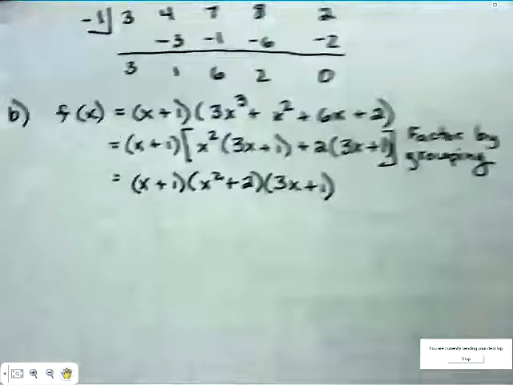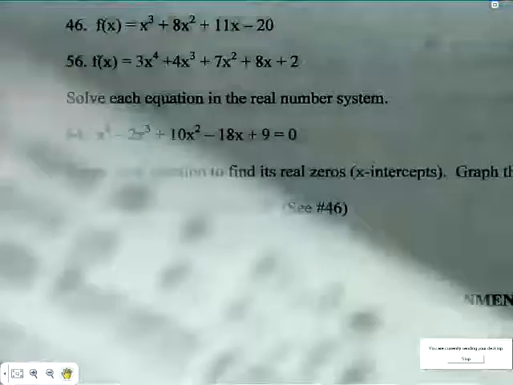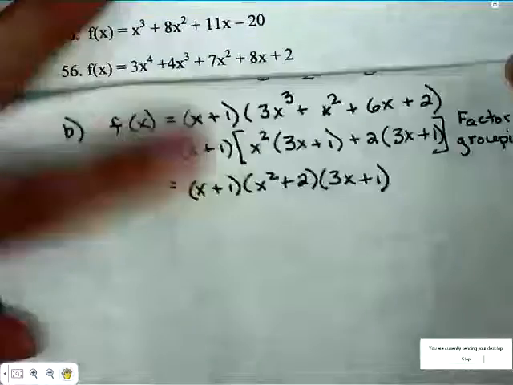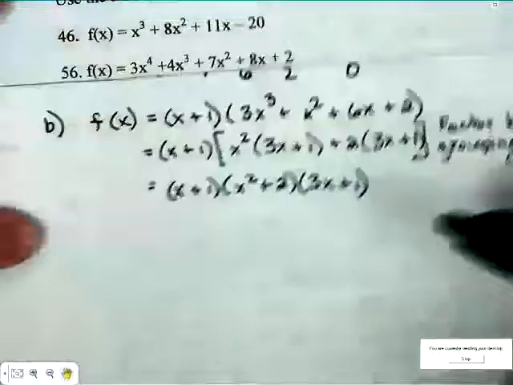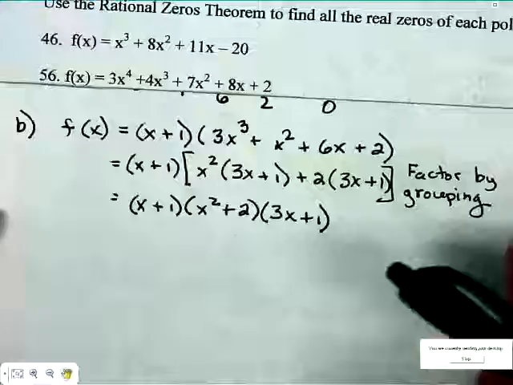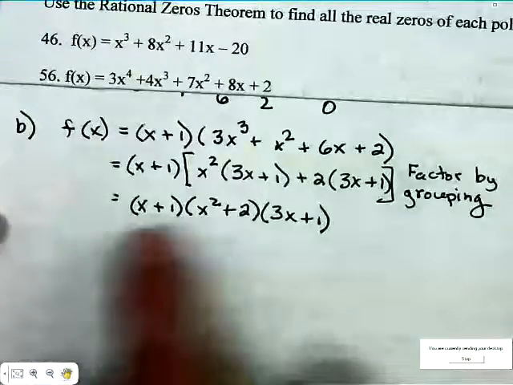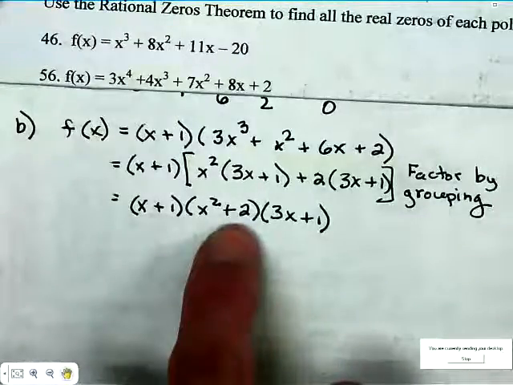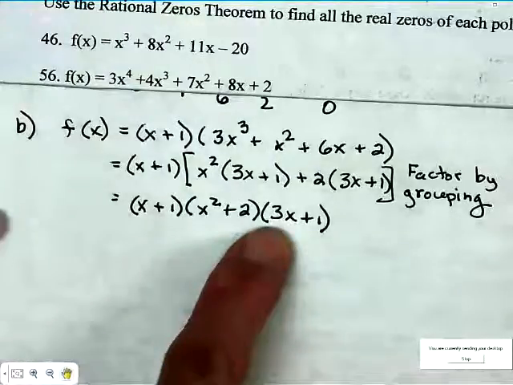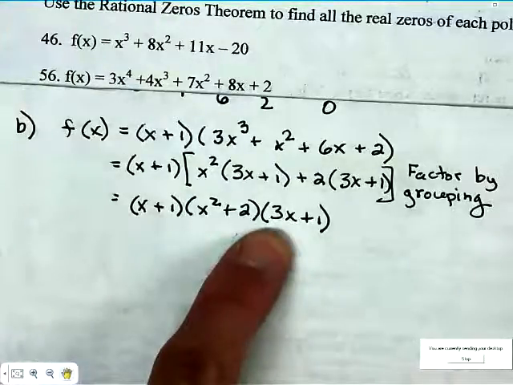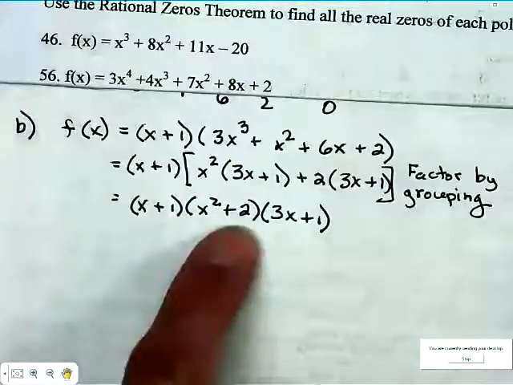Now we have factored this original 4th degree function. Here's the original 4th degree. We have factored it into 2 linear factors and a quadratic. Would that all multiply back together to give me a 4th degree function? Yeah, if you just add up the exponents, they would still give me 4.